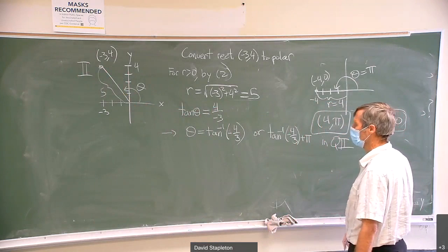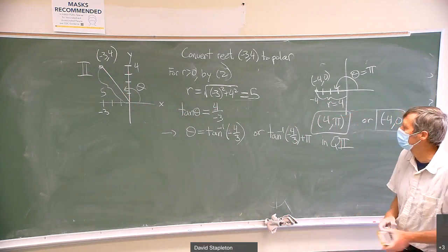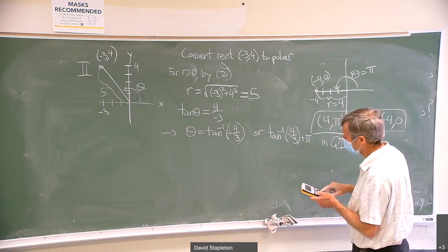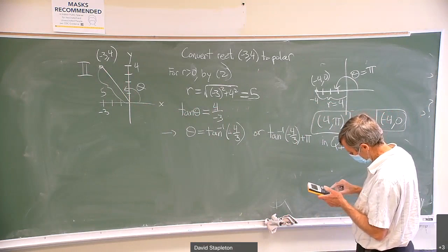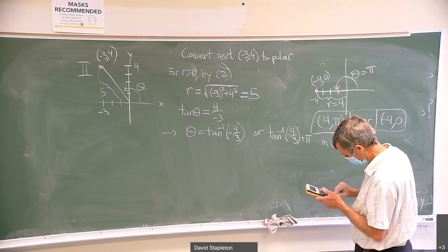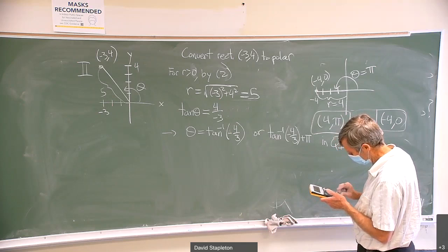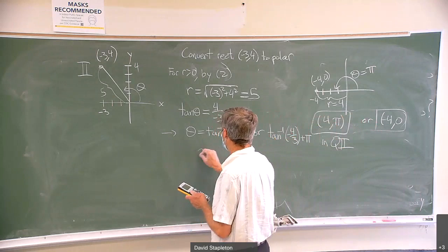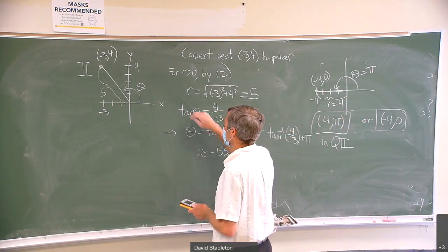Which one is in quadrant 2? Well, you can run the arctangent: inverse tangent of minus 4 divided by 3 gives me minus 53.13 degrees. Well, wait a minute, that's down here.